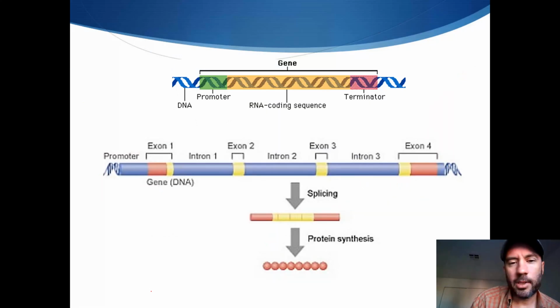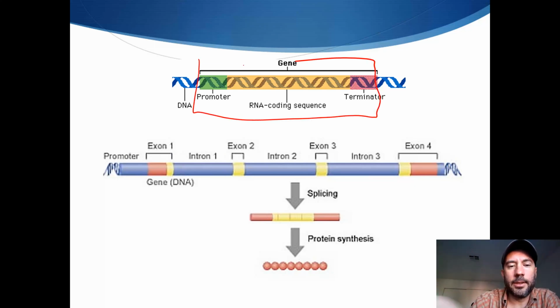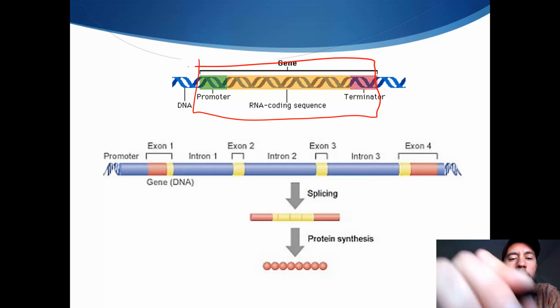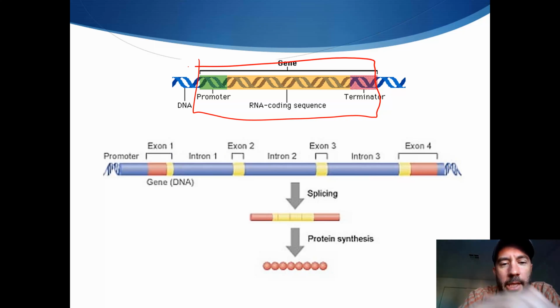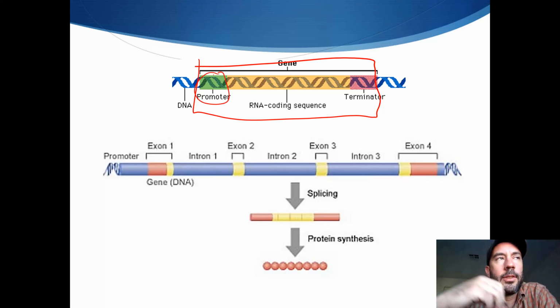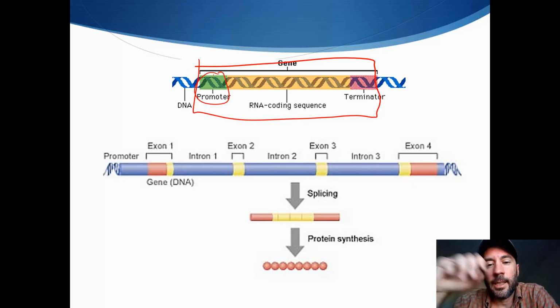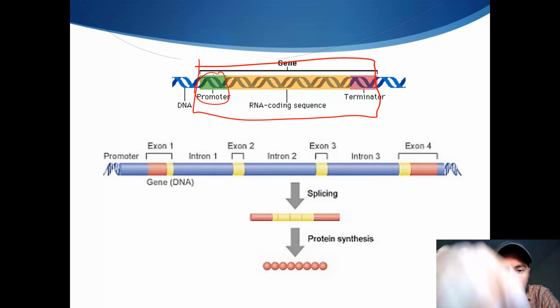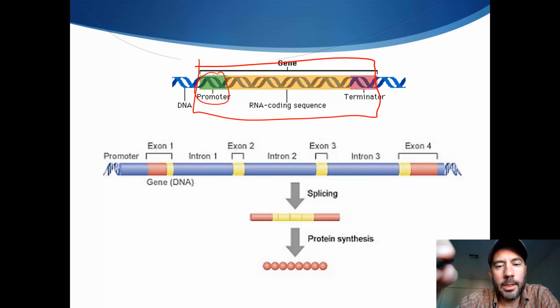Here's a closer-up schematic of what a gene looks like. This section here is the gene. There are non-coding regions at the beginning and the end, for example. The promoter region basically says, all right, this is where we're going to start producing this protein.